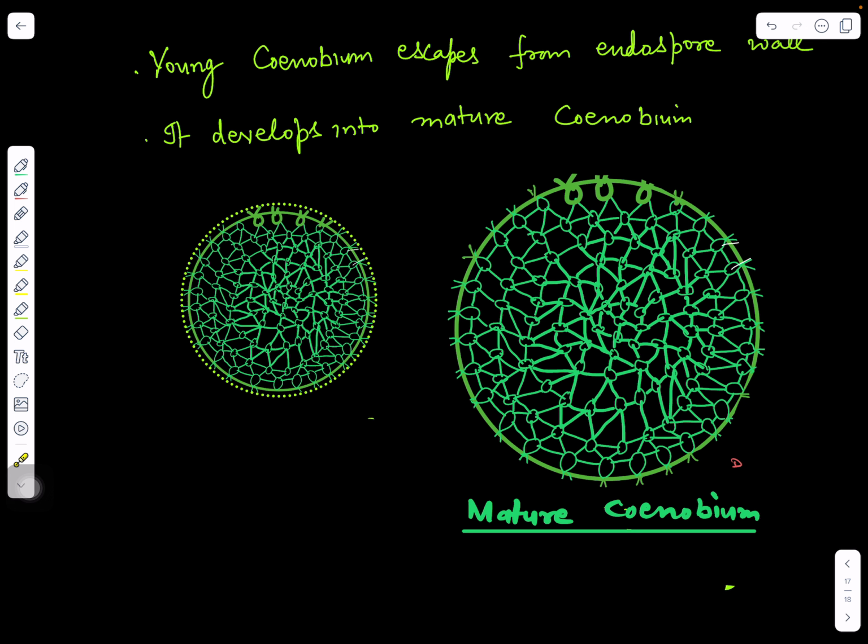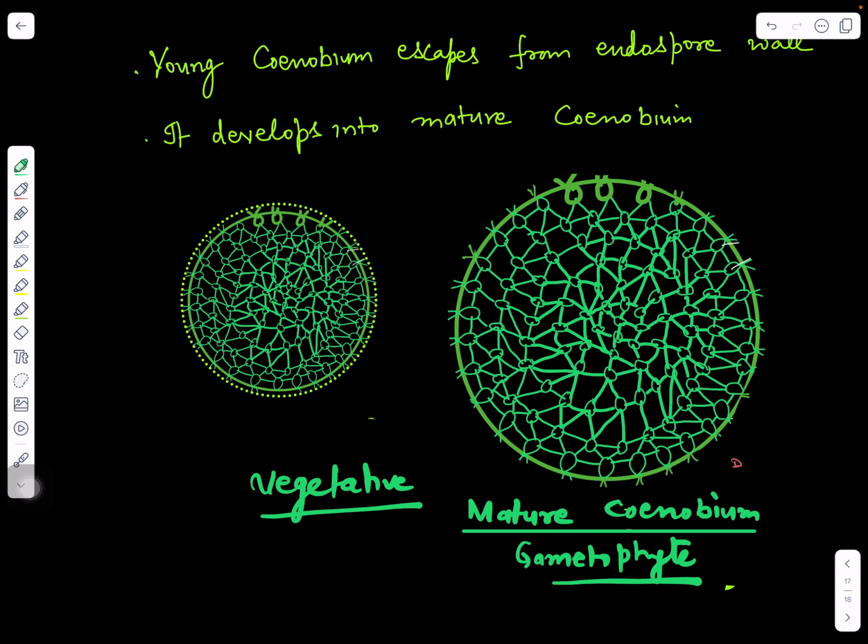This mature coenobium is also called gametophyte because it is haploid in genetic constitution. Its growth will occur vegetatively. Then it will develop sex organs, and it will reproduce asexually like we have discussed in the previous slide, and then it will again form zygote, and again after fertilization it will develop after meiotic cell division into meiospore, and then that will develop into a young coenobium.